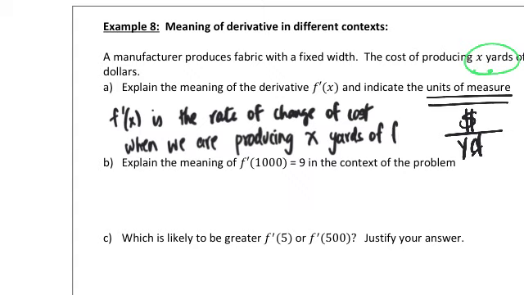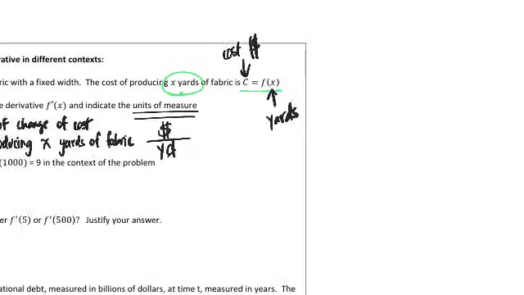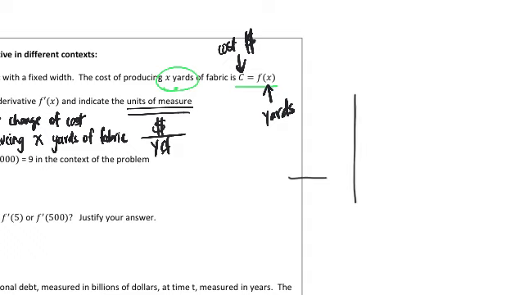of fabric, right? So in other words, your cost function, who knows what it looks like, but it might be like you start out, obviously 0 yards means 0 cost, and then as soon as you start producing, you had to have your machines and so on.